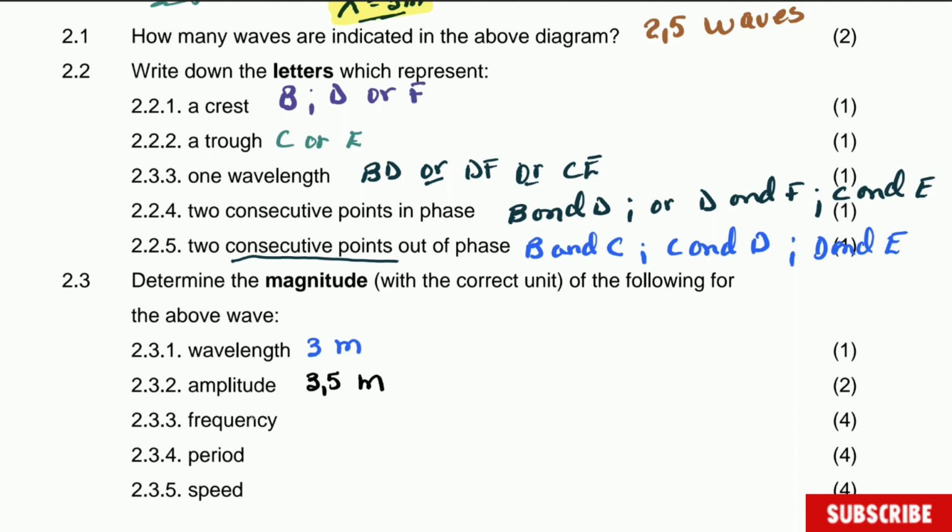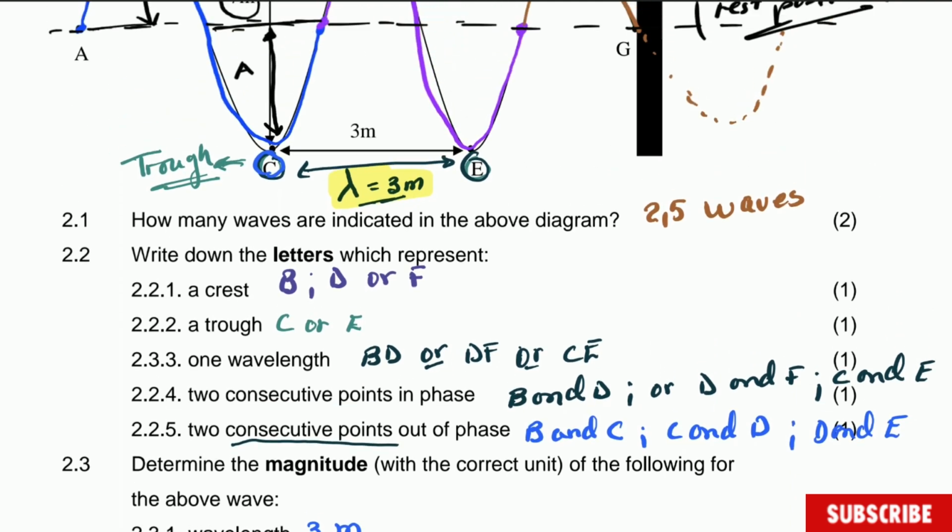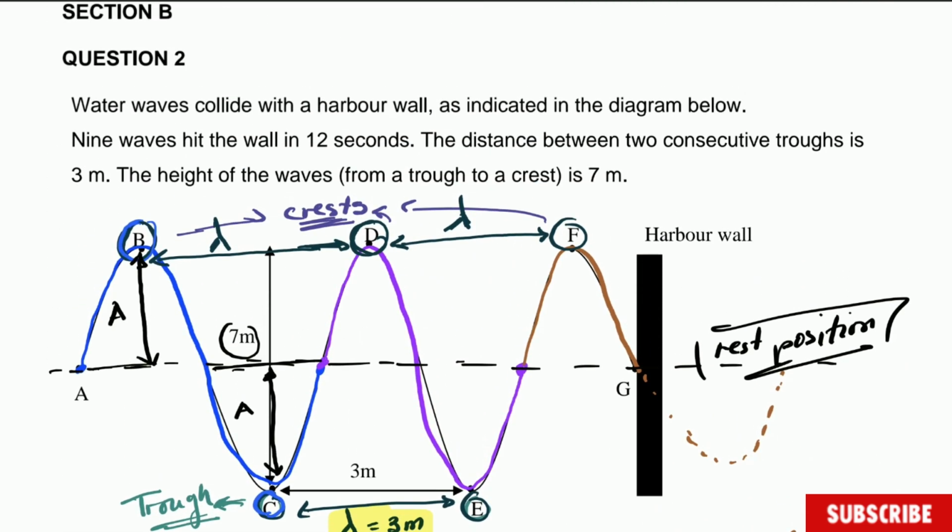Now frequency is how many waves pass a point in 1 second. Now if we read the question, it says exactly that 9 waves hit the wall in 12 seconds. But guys, we don't need 9 waves, we need how many waves are in 1 second.